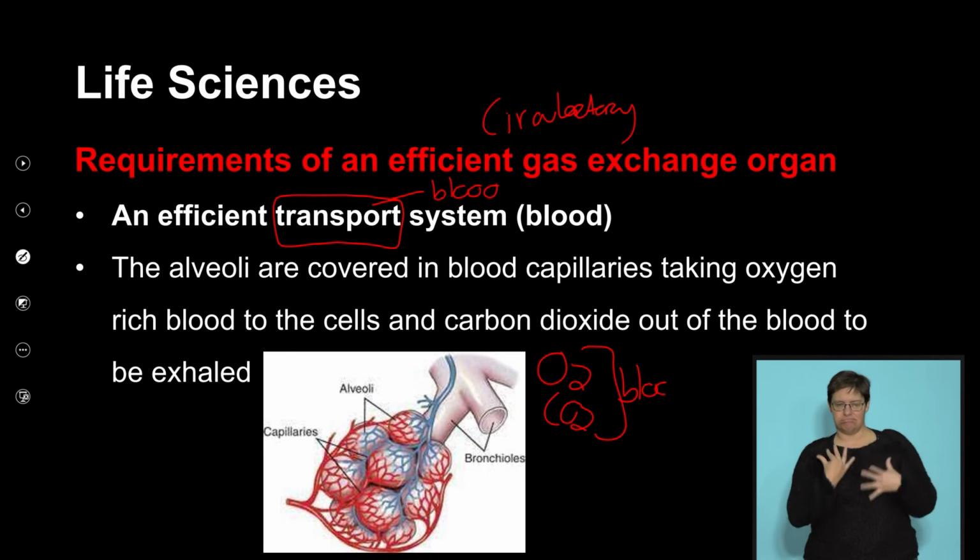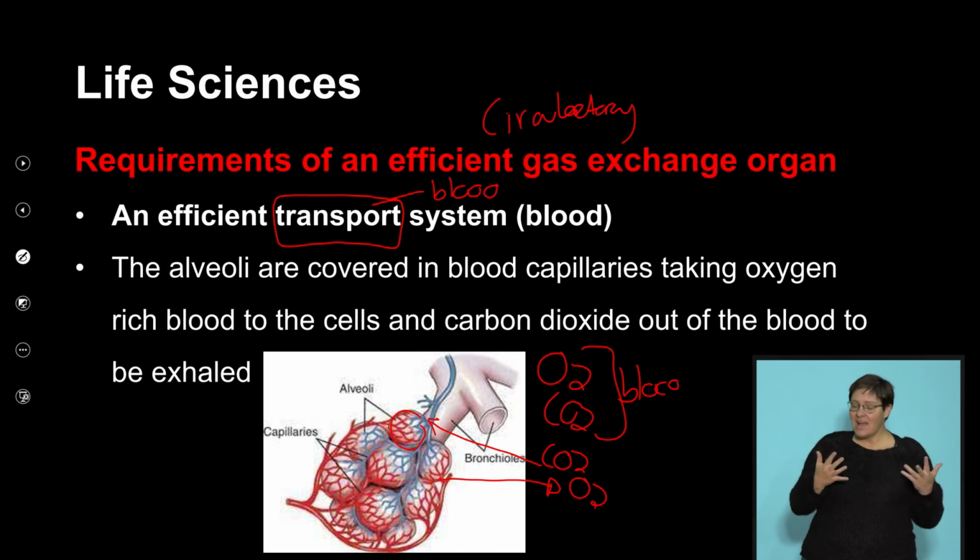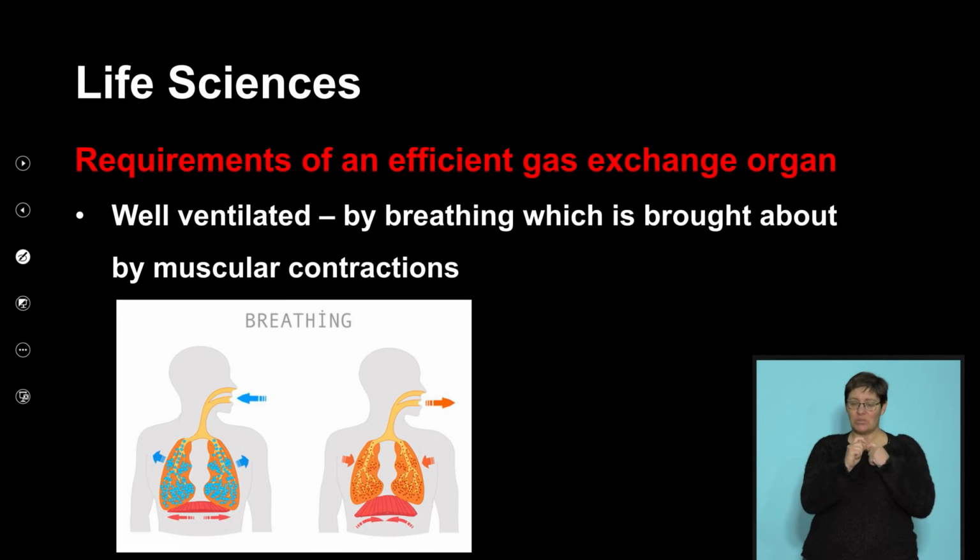Now, if you have a look here, these are millions of tiny alveoli, and they are covered by millions of tiny capillaries. And what can you see? The blue ones are bringing deoxygenated blood in, and the red ones are going to take that lovely fresh oxygen to the rest of the body. It doesn't help if you don't have a transport system.